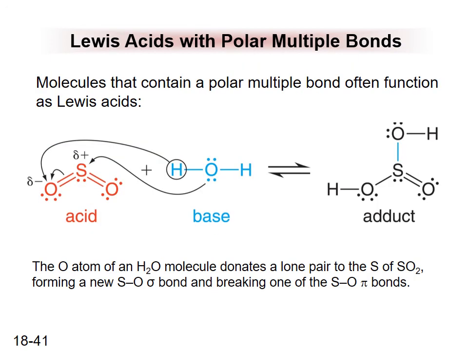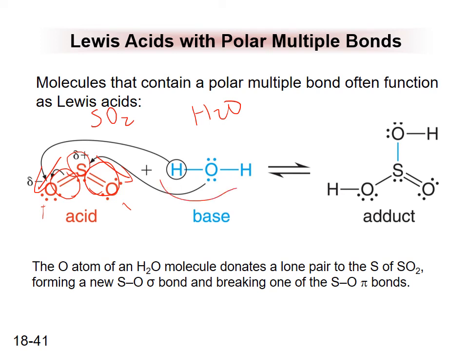Here shows a reaction between sulfur dioxide and a water molecule. In the sulfur dioxide molecule, there are 2 double bonds, both sulfur and oxygen double bonds. Because of these double bonds, sulfur's electron density is very low because electrons are pulled away towards oxygen. So sulfur becomes very positive, that means sulfur is electron deficient.